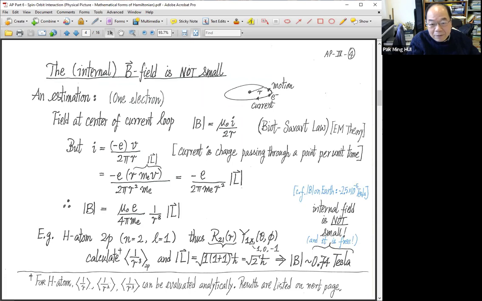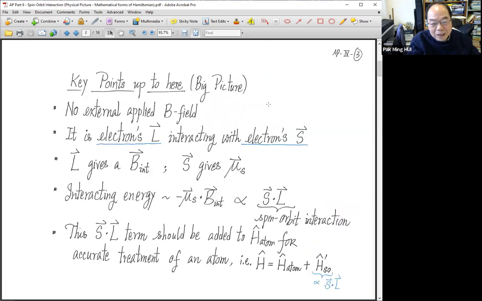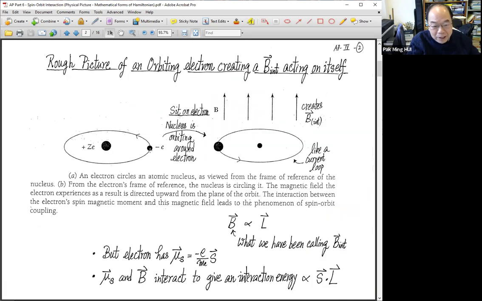Okay, so now, as I mentioned, the picture could be the electron is moving, but you can think of it as the electron is standing there. What it sees is the nucleus moving. So in any case, it's a plus, well, hydrogen is a plus e charge or minus e charge. So a charge moving is a current loop.